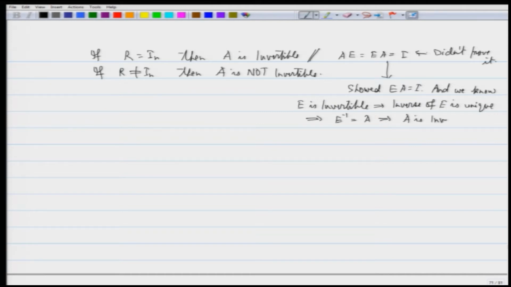So, in place of showing that A is invertible directly, we went roundabout and then got the result.